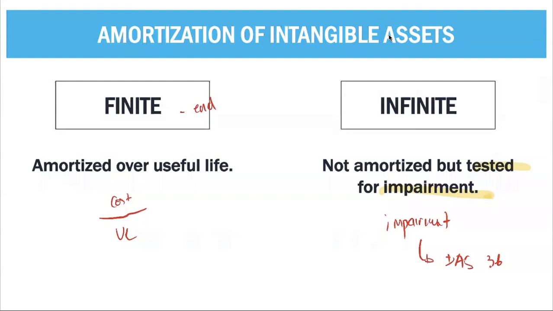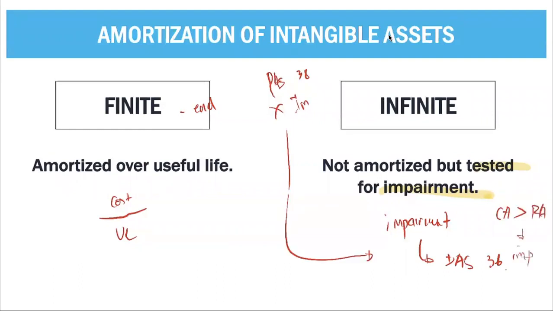Again, as a rule, if there is a specific impairment test under the standard, use that. If not, you use PAS 36 for assets. So under PAS 38, there is no specific impairment. Then we use PAS 36. Under PAS 36, what is the rule? Compare carrying amount. If it's greater than recoverable amount, we call it impaired.